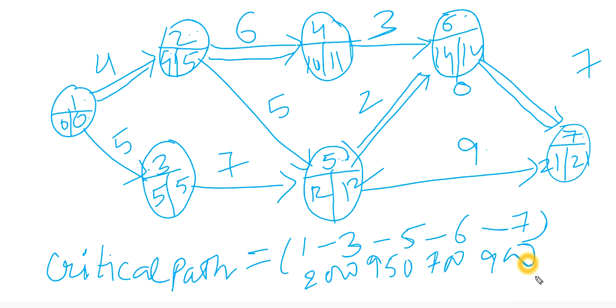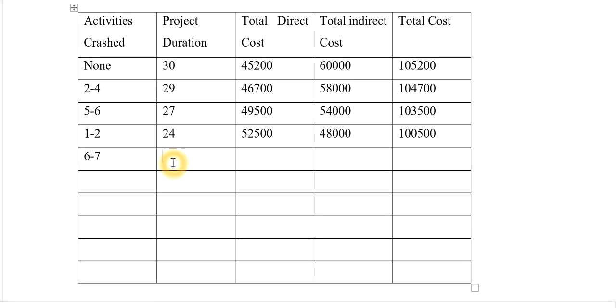So now we are left with 3 to 5, which is 950. So the next activity which I'm going to crash is 3 to 5. So now I will change this normal cost to crash cost. So from 7 it will be 5 now. Now it's time to update the cost sheet. So here we are. The activity which we have crashed in this network is 6 to 7. So now the new time is 21.